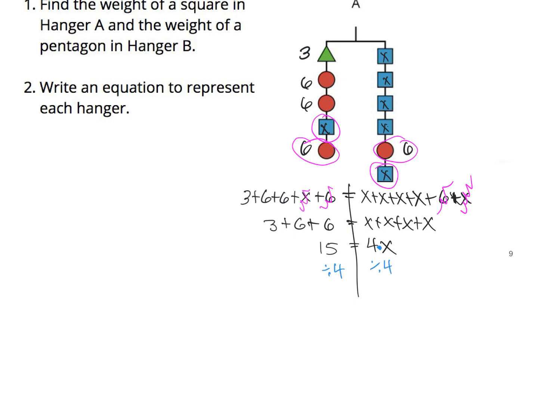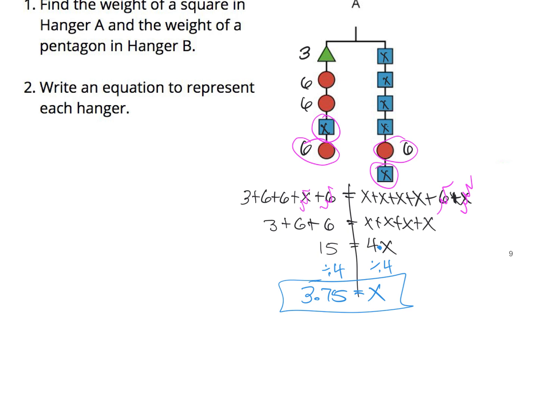Let's do 15 divided by 4. Press enter. And that's 3.75 equals our X. So we wrote an equation to represent the hanger, and then we went ahead and solved it. So we're going to say X equals 3.75. So again, we need to understand hangers because we're going to be doing it later on our quiz and also on our test.